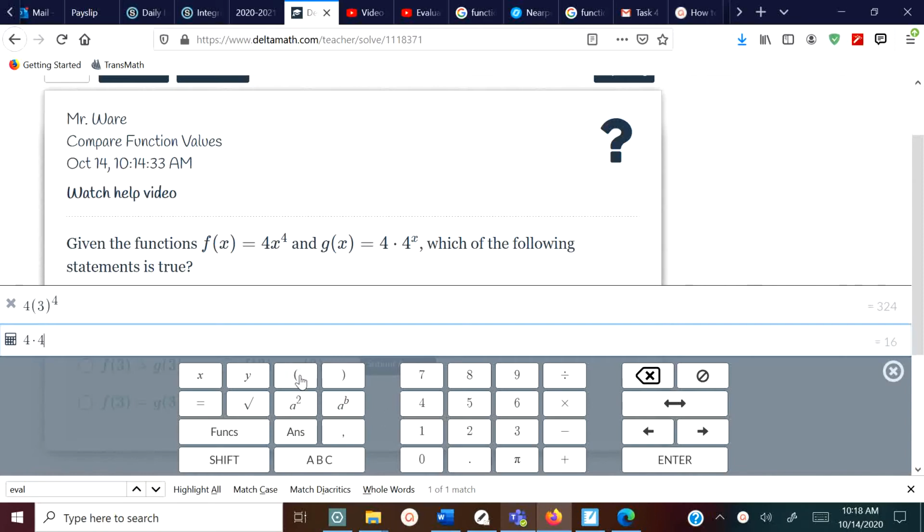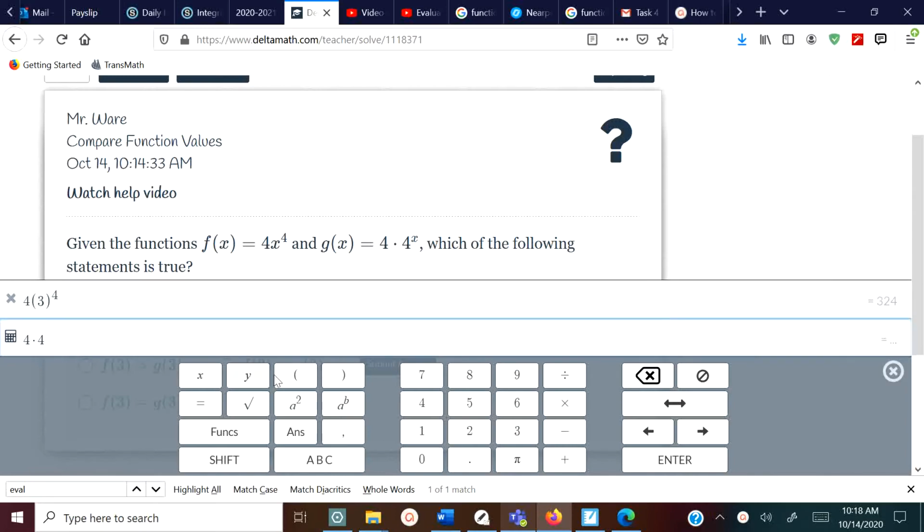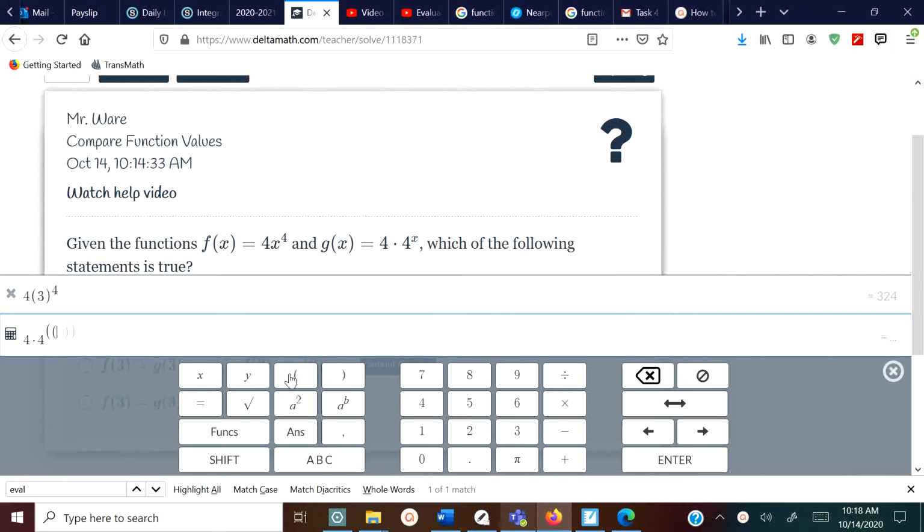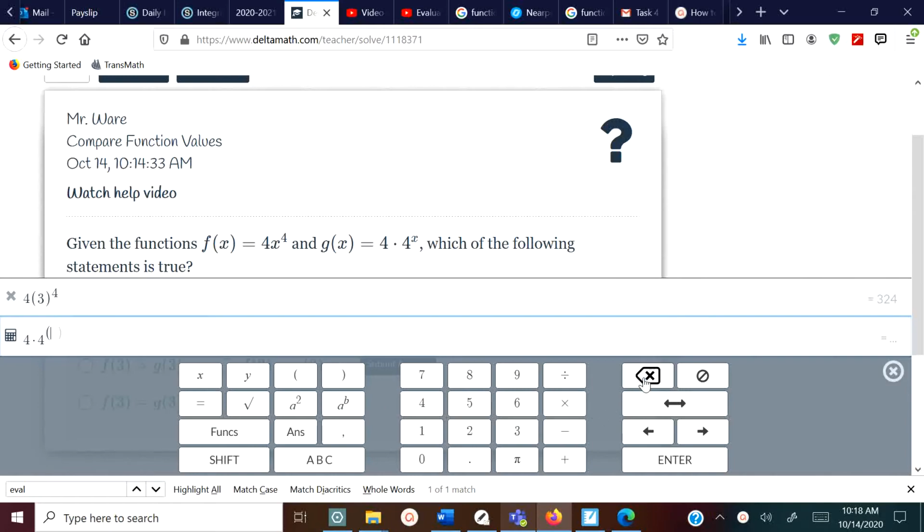If it helps to put parentheses there, make sure you lift up your exponent and put in 3, close parentheses, and then hit enter.